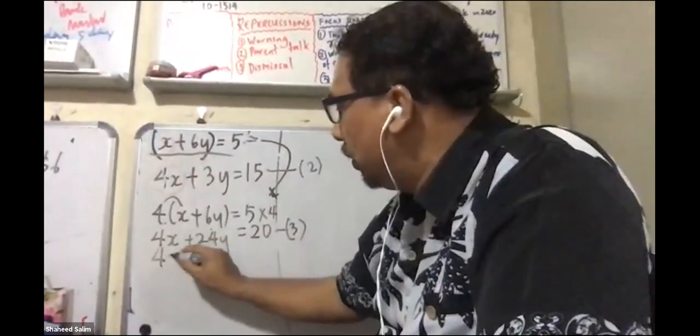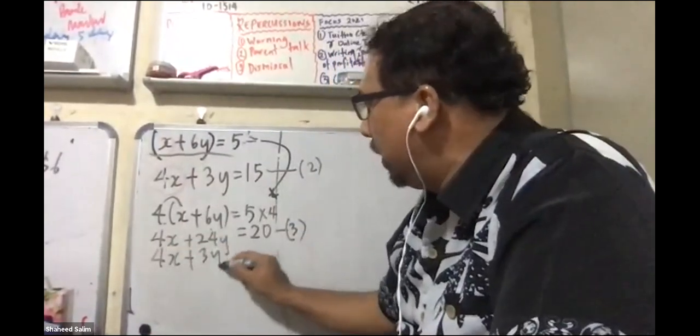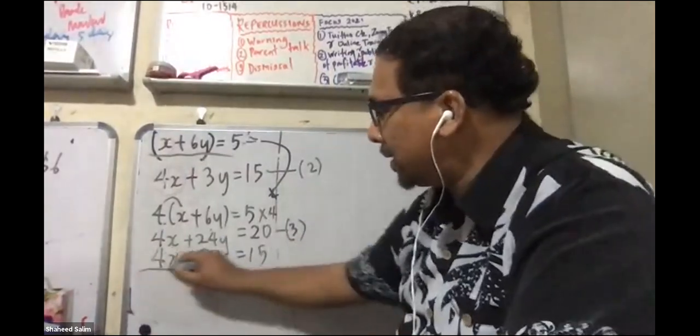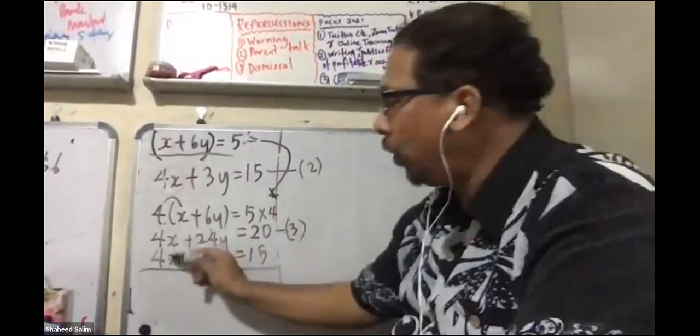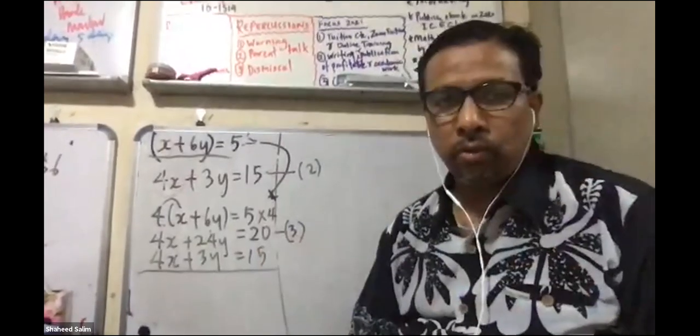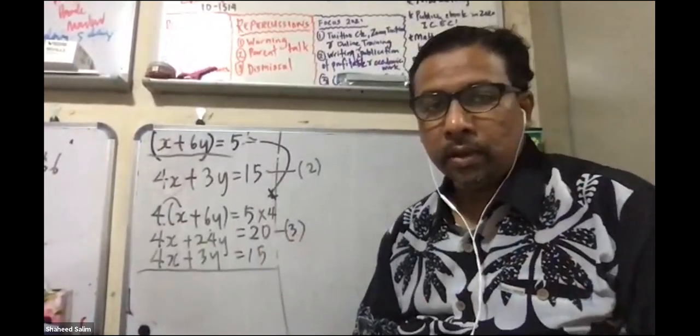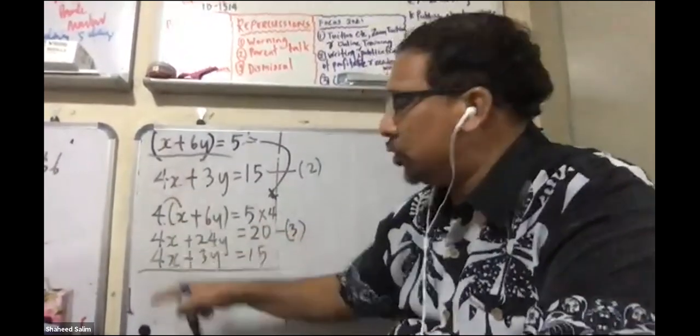Let us look now. 4y plus 3y equals to... You think you can minus now? See, 4x minus 4x, 0. Can you see now? You must make it the same first. You cannot just go and minus.